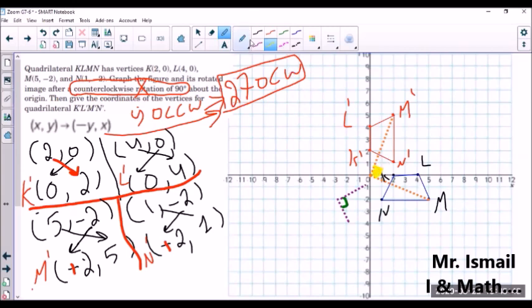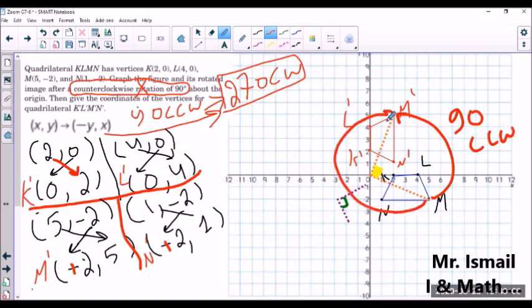Also, this M prime: I move 90 counterclockwise, and from this side I move 270 clockwise. Give me a circle, like a circle. 360.